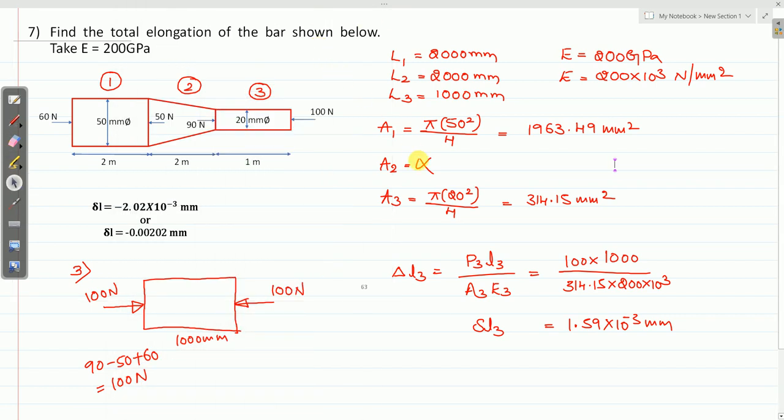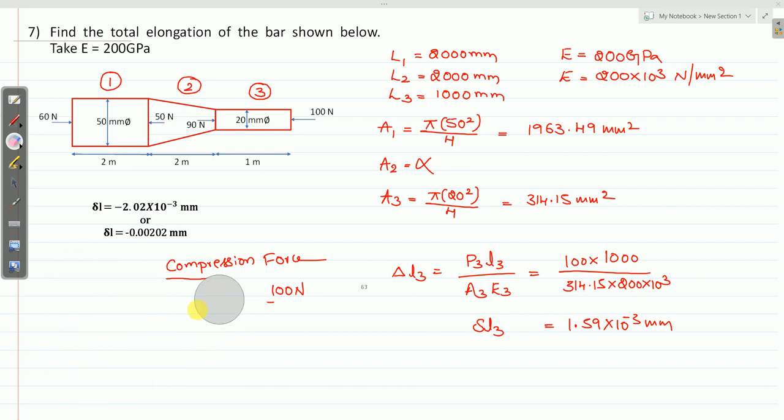So once you get delta L1, delta L2 and delta L3, next your job is to calculate the final or total elongation. See here, this section 3 is also subjected to compression force. Clear? So let me find the total elongation.